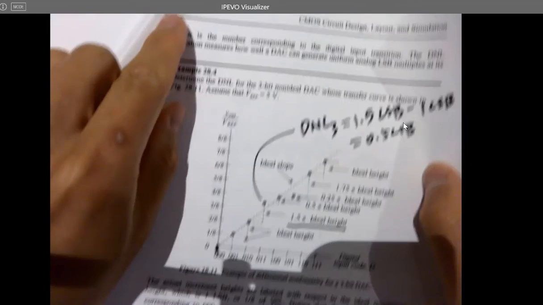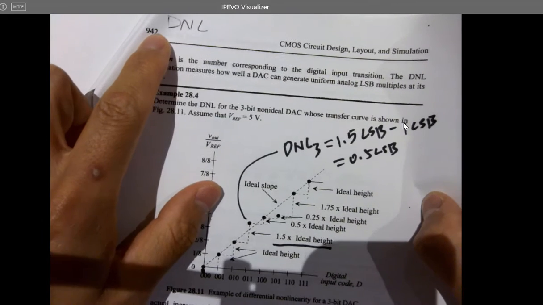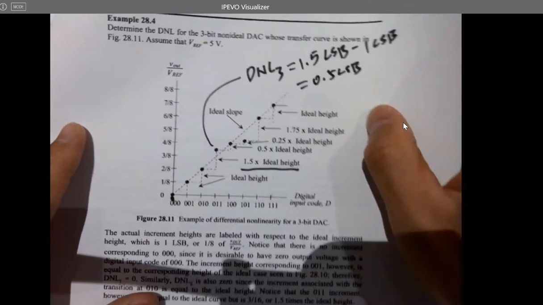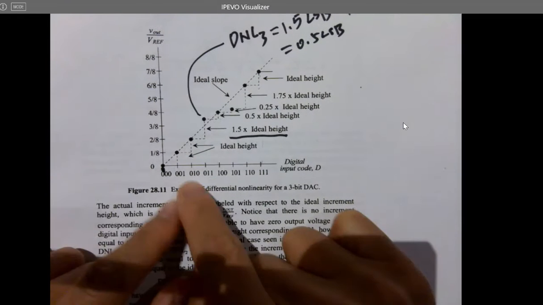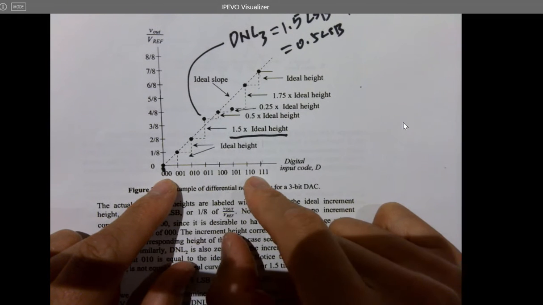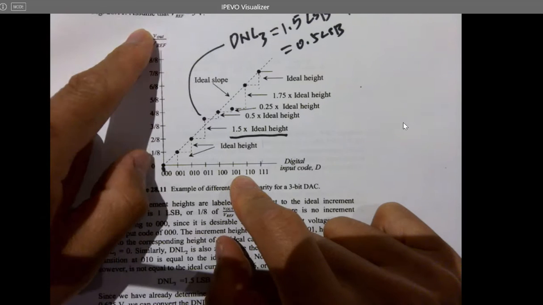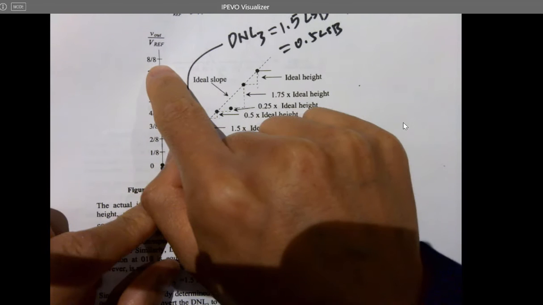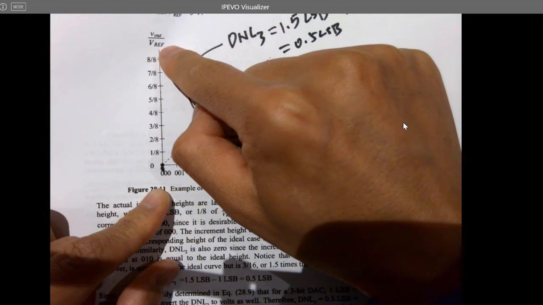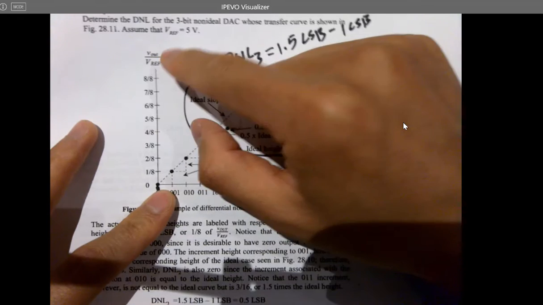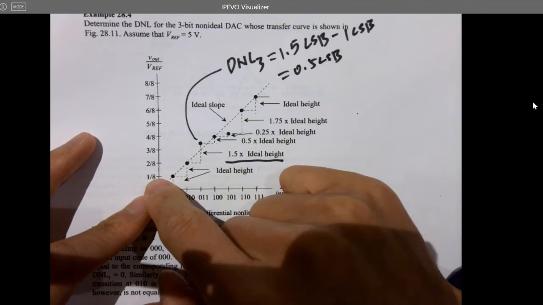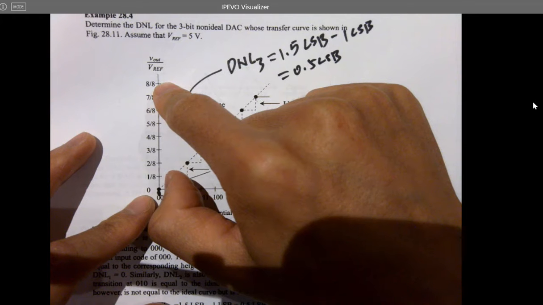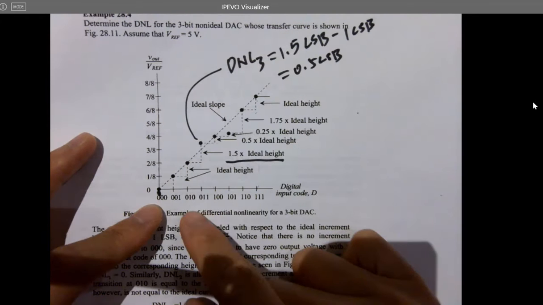So look at this curve. It's on page 942 of the book. That's the digital input, and that's the analog output. There are fractional numbers because this is VL over VREF, which is never larger than 1. So they go from 0, 1/8, until 8/8.